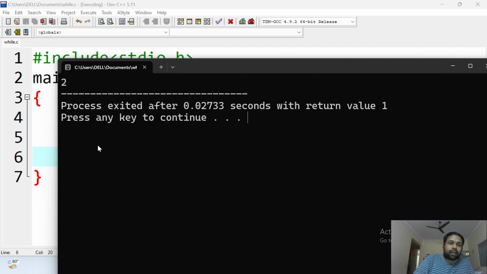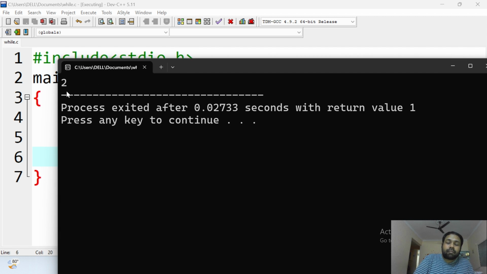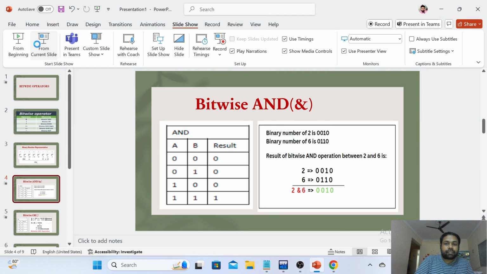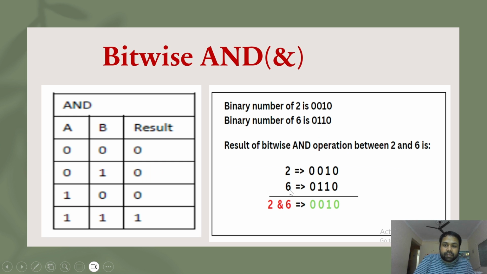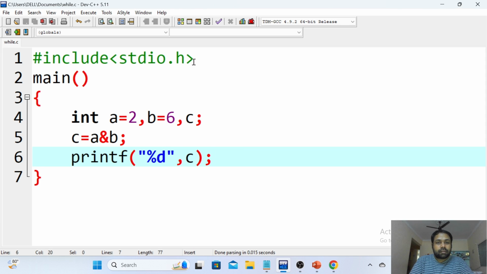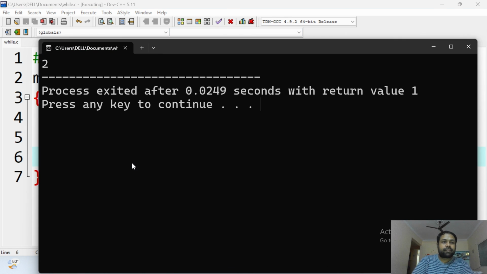The output I am getting here is 2, but many of us don't know how we are getting this answer 2. The logic behind this is this slide. Bitwise AND between 2 and 6 is this, and the natural number for this is 2. That's how we got the answer. Again I am showing, the answer is 2.